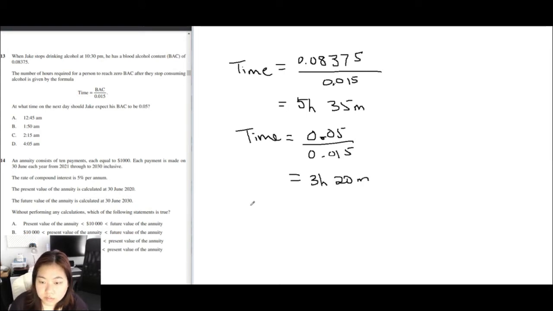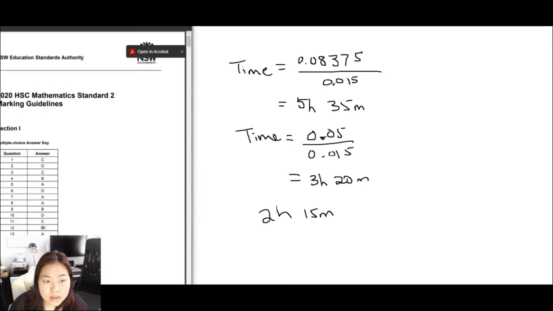So we take the difference, and that will be 2 hours and 15 minutes from now. And what's the time? 10:30. 2 hours would be 12:45 a.m. Yay!